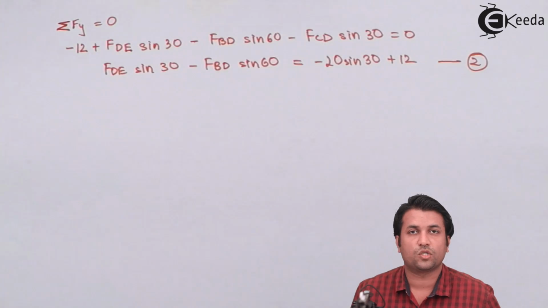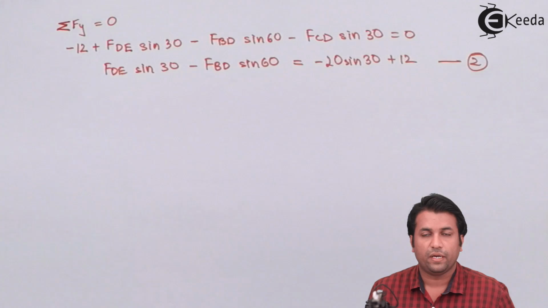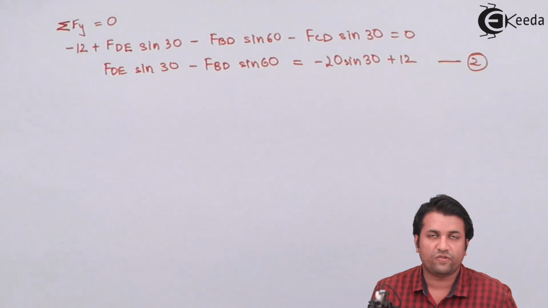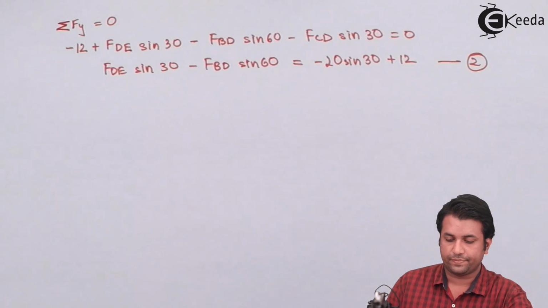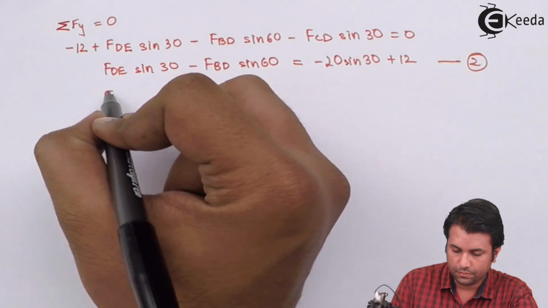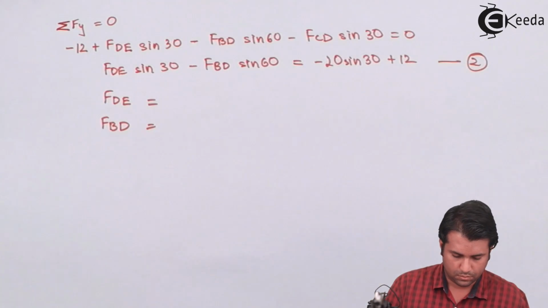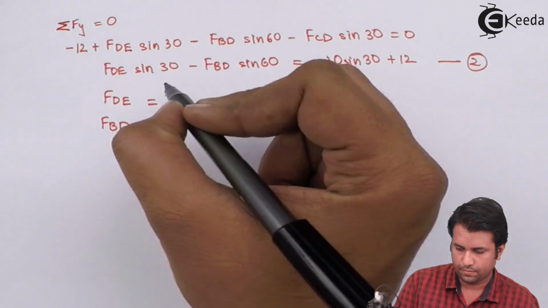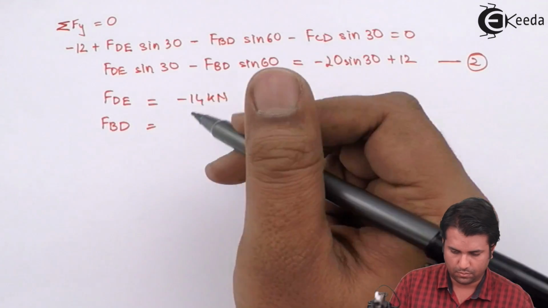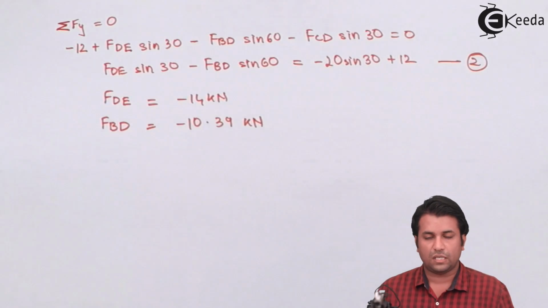Now I can solve both the equations simultaneously and find the values for the forces in the members DE and BD. I'm getting both the values as negative.